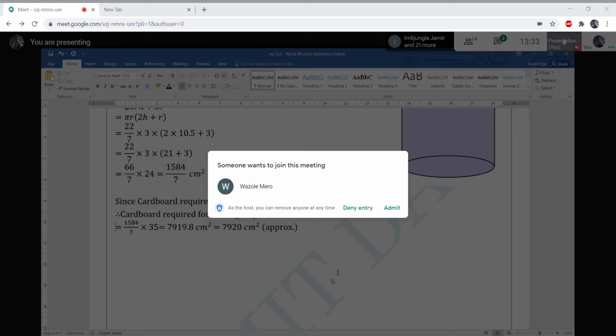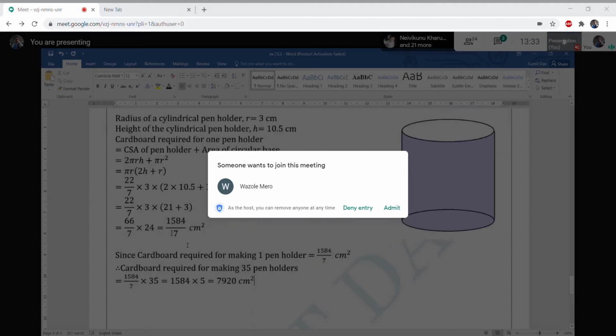If you simplify, 7 and 35 will cancel, it will be 1584 into 5, which is 7920 centimeter square. You can convert to decimal form, but I will not, because we are not asked for it. We asked for 35 pen holders, so that is the answer.